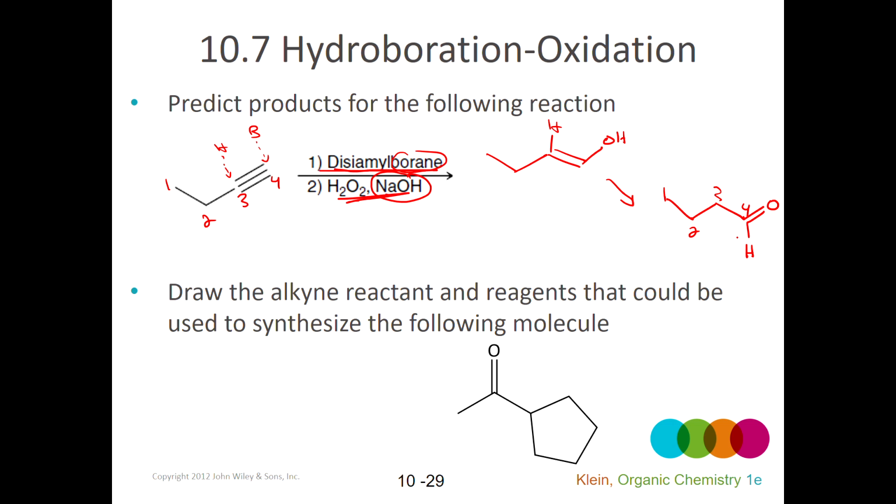So I would expect you to be able to, given an alkyne, predict the correct products from this reaction, or given the product, be able to determine which alkyne and which set of reagents I need.